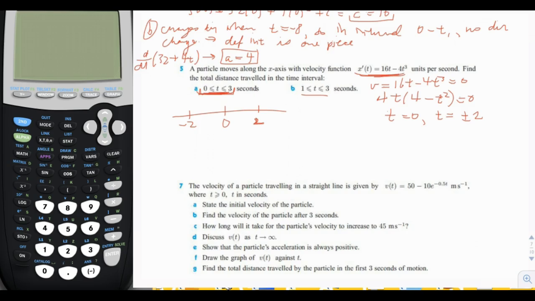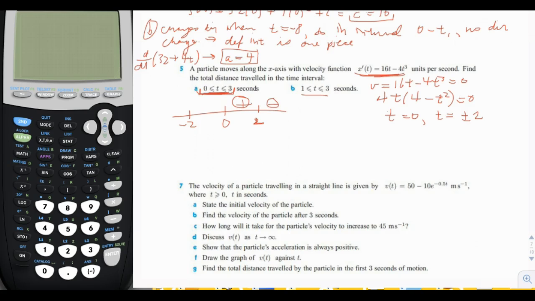For example, let's put in t equals 1. When you put t equals 1, we're going to get 16 minus 4, which is 12, so it's positive. When t equals 3, or a really big number, we're going to get a negative number. Okay? So in the area of interest, which is from 0 and above, we can see that we have positive velocity here and negative velocity here. Okay.